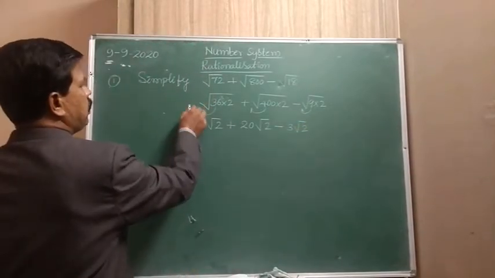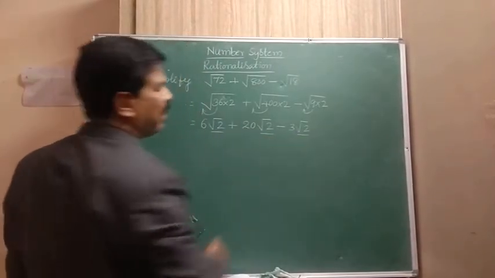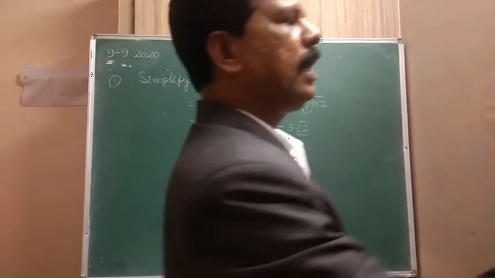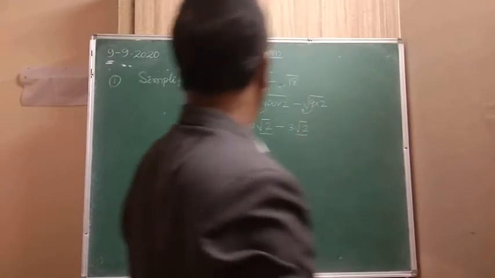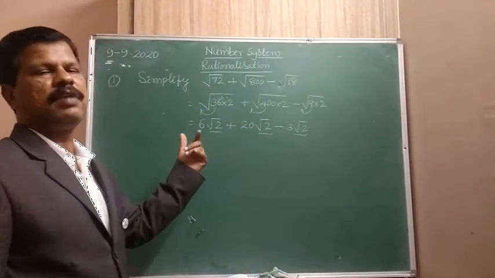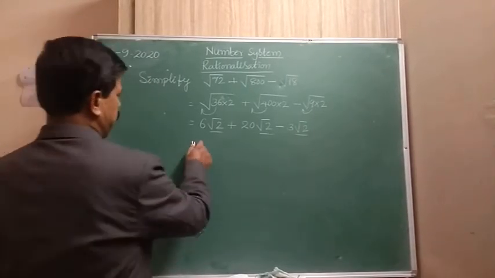Now look at that. These surds are like surds because the radicands are the same. So when they are like surds, we can add or subtract the numerical coefficients.